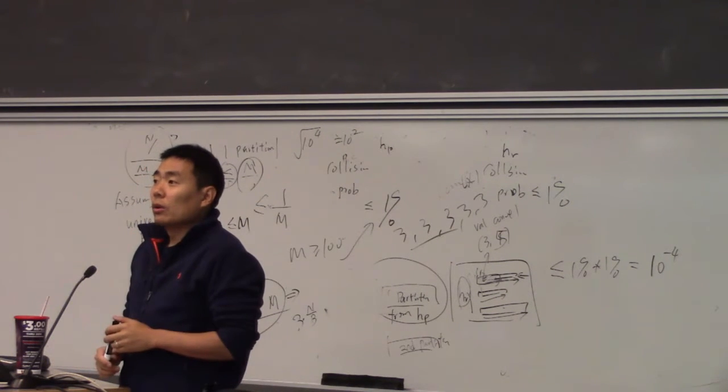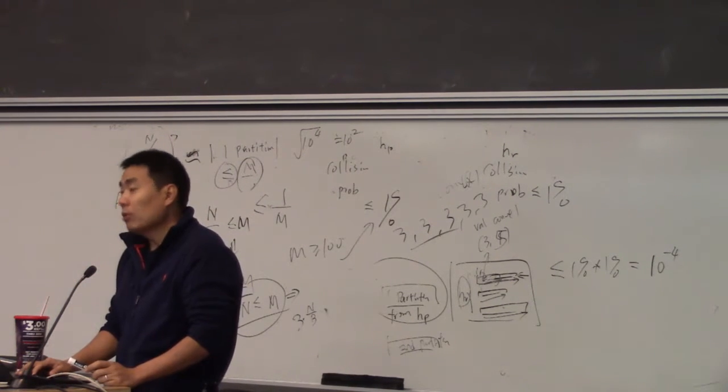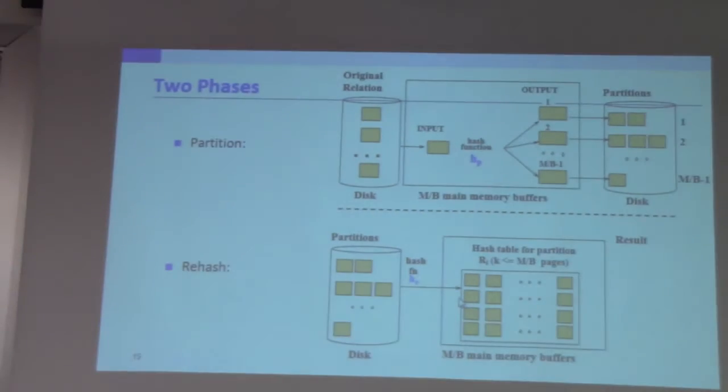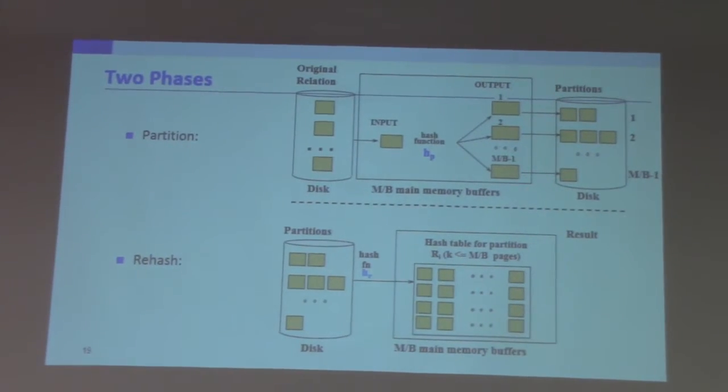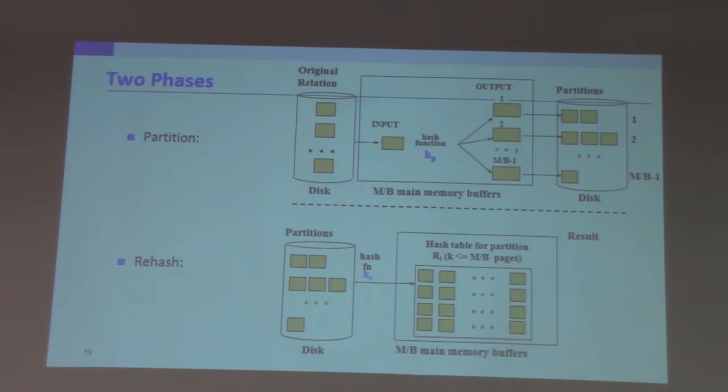What do you do? Well, for all the partitions that can fit into your main memory buffer, you go ahead and proceed with the rehash phase. For those that do not fit in your buffer size, you apply the same two-phase hashing algorithm recursively. You simply view that partition as an input by itself and recursively run this algorithm with multiple rounds of partition and rehash.